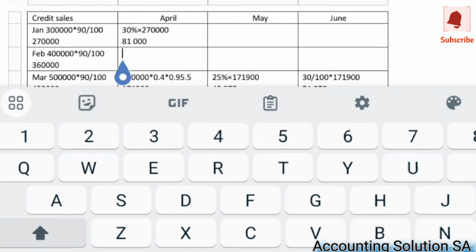Then now let's go to February. February, the following month which we were going to put 40%, it was March. That's why we skipped. And we don't have March on the column.